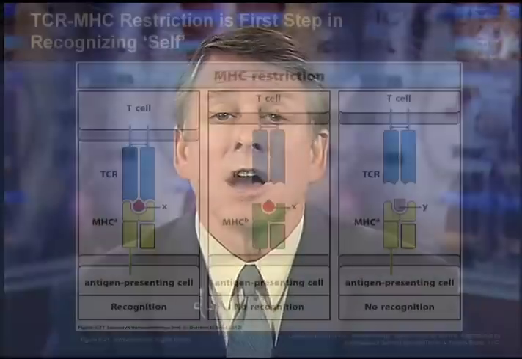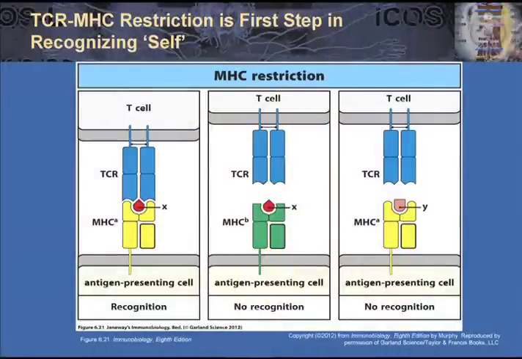So this is shown in the following diagram, and I want to take you through it from left to right. On the left-hand panel, we have a T cell receptor in the upper half of the panel responding to an antigen-presenting cell, an MHC molecule. And shown in this yellow MHC molecule is a peptide that we'll call X. And this is a T cell receptor that's specific for that peptide in the context of that MHC molecule.